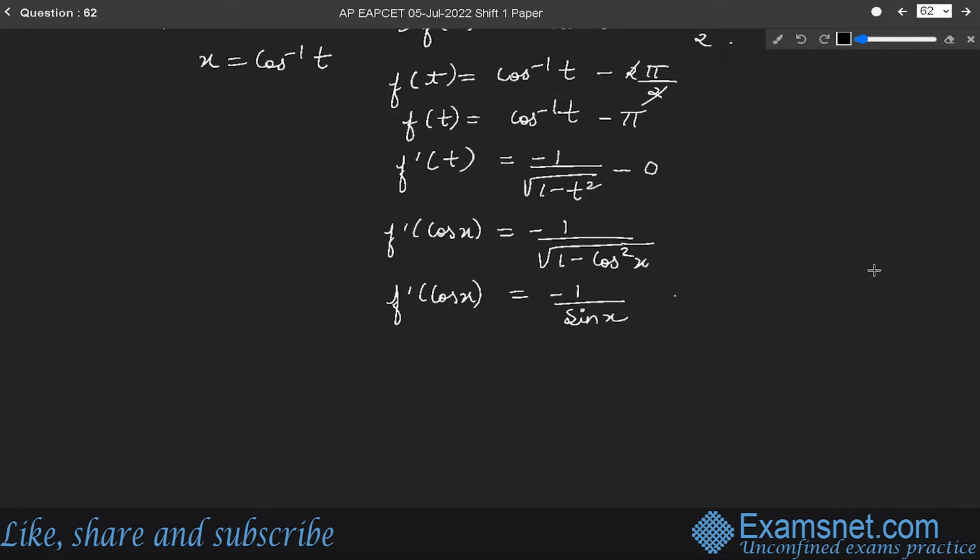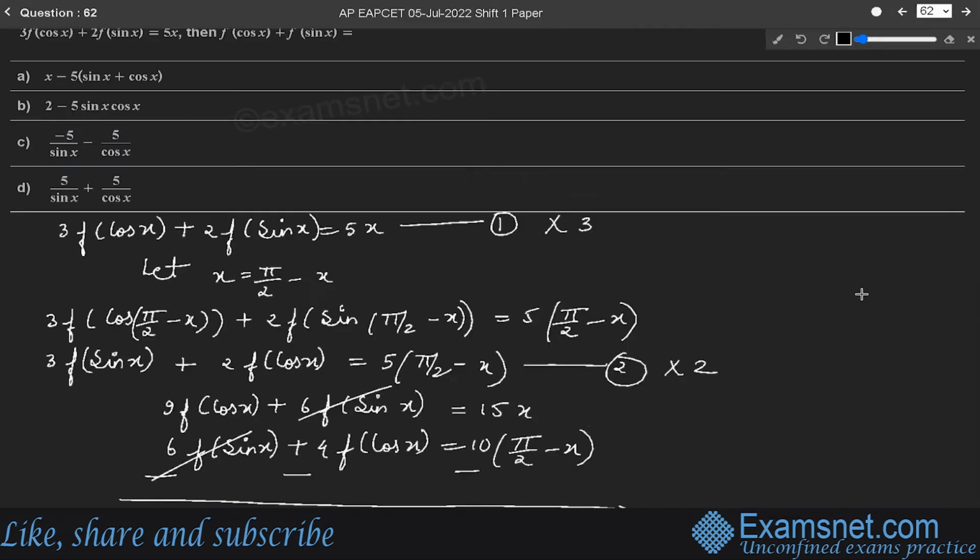Similarly, we have to find the value for f dash sin x. So the two equations were 6f of cos x plus 4f of sin x is equal to 10x. See, we have the two equations here. In the first part, we have calculated f dash cos x. Now we have to calculate f dash sin x.